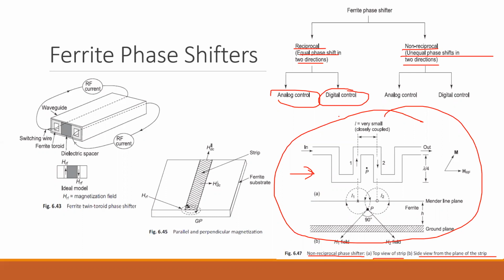So if you are introducing the phase shift by varying the magnitude or the direction of the magnetization vector, then we get the analog version of the phase shifter.